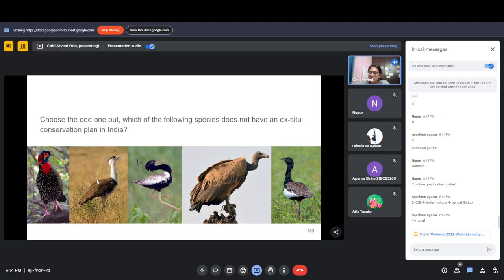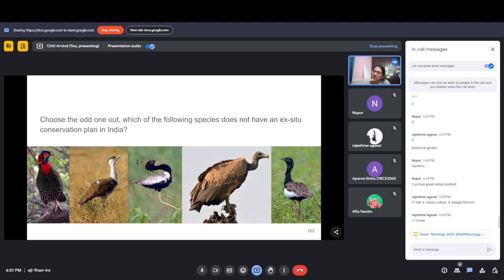It's known as a Western tragopan, and it is a part of the pheasant family only. So you have the Western Tragopan, you have the Great Indian Bustard, you have the Lesser Florican in picture number 3, the Indian Long-billed Vulture, picture number 4, and the Bengal Florican in picture number 5.